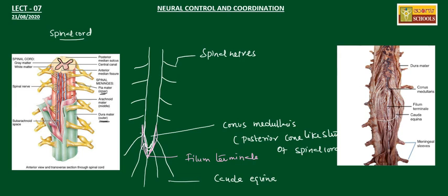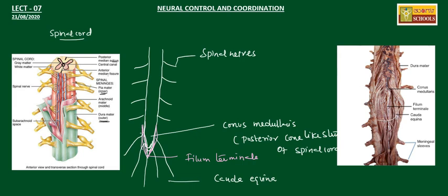You can also see the blood vessels supplying the spinal cord. This small groove is the posterior median sulcus, which I have already mentioned. At the center is the central canal filled with CSF, and this is the anterior median fissure.